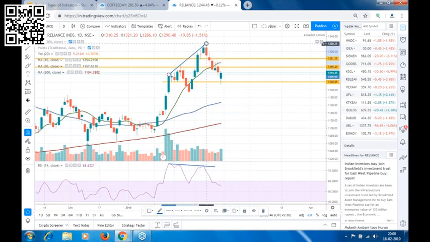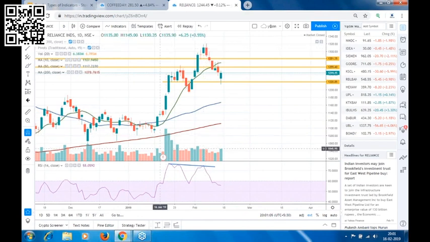And whenever you see these kind of candles at the top, whenever you see price rejection in any stock, see, in both the candles, there is a price rejection from the higher levels.